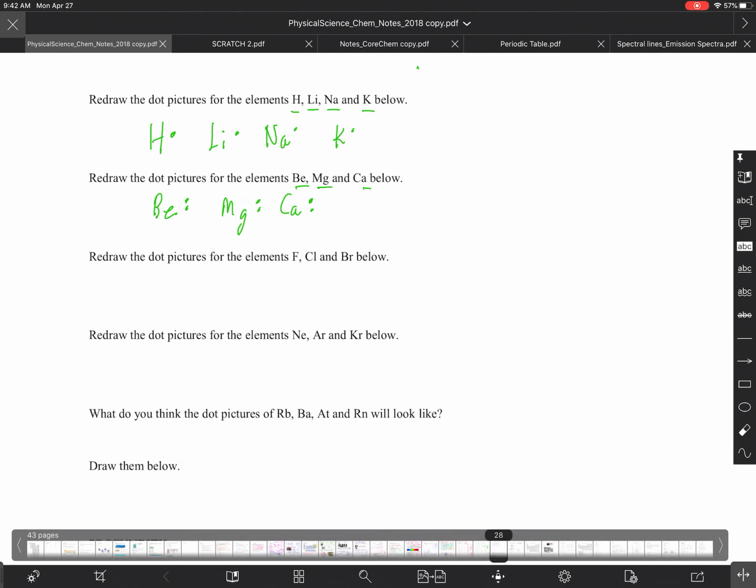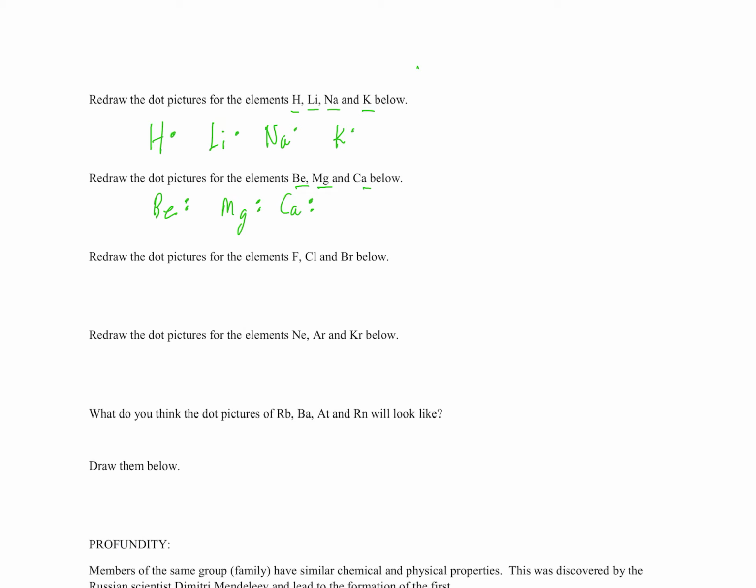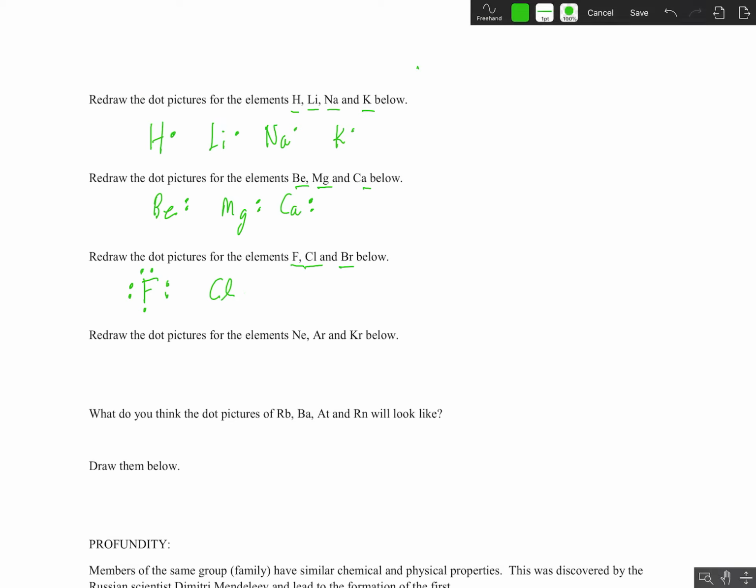Let's take a look at fluorine, chlorine, and bromine's dot picture. They're all the way over in group 17. So we know fluorine has 7 dots, 3 pairs and 1 unpaired. And chlorine has 7 dots, and bromine has 7 dots. Let's find them on the periodic table.